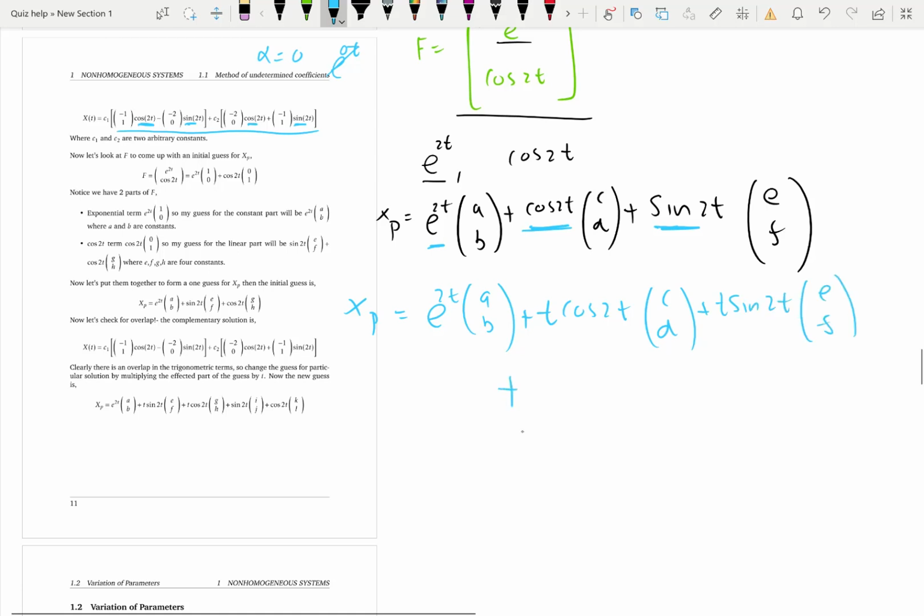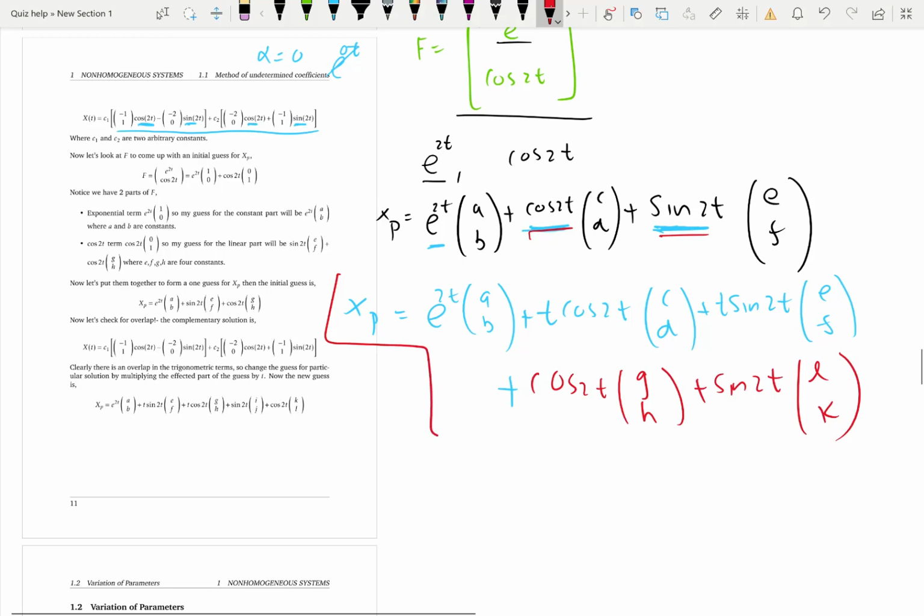We know this was offended, but we still keep that old offended part in our new guess also. So we have to have cosine 2t, let's come up with letters gh, plus sine 2t lk. Okay, so this is our new guess.